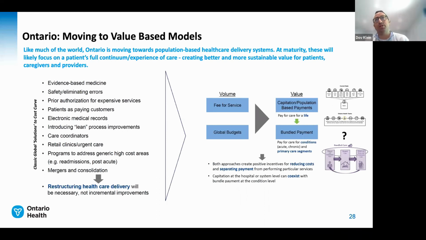And so Ontario is moving and has moved from a fee-for-service / global budget type model to starting to think about capitation, as we've talked about, from an OHT perspective, and also from a bundle payment perspective. And I think where we end up is still a policy question, and I think there's more to come on that. But I think the evidence suggests that you probably need some elements of both. With capitation and population-based payments, you get at population risk and population value, which are important things.